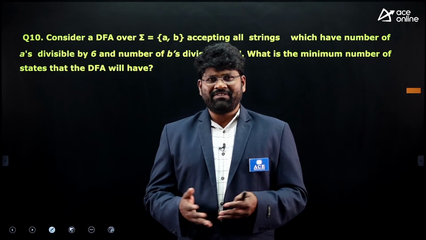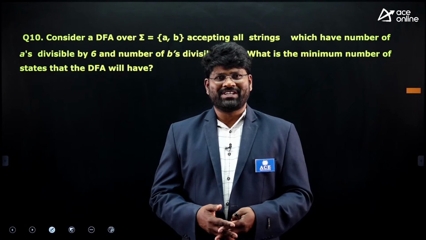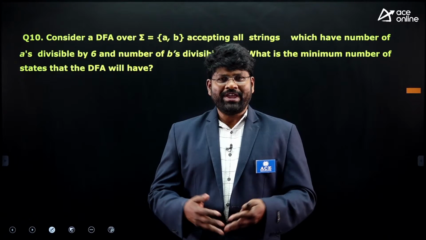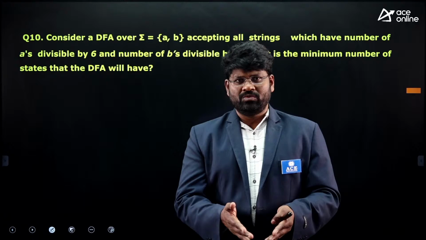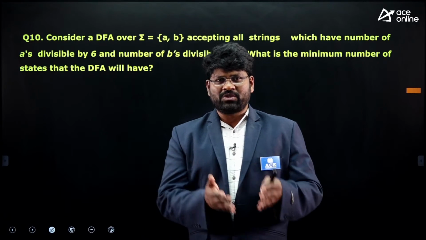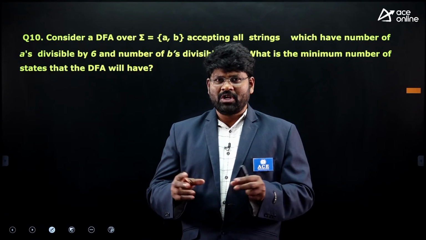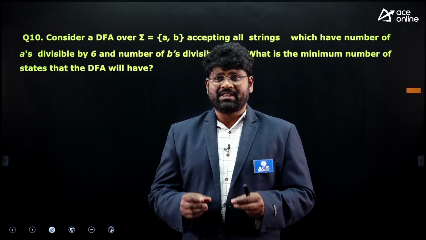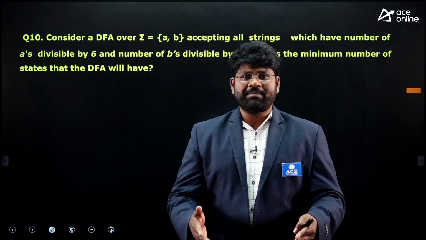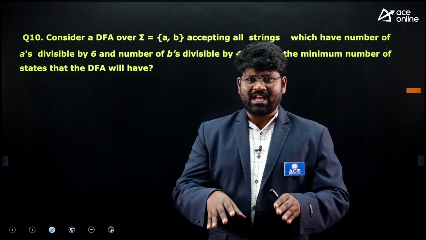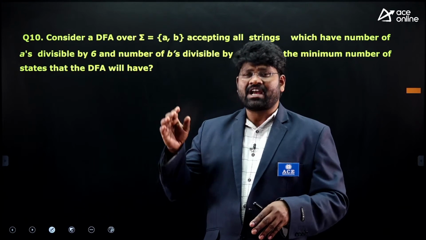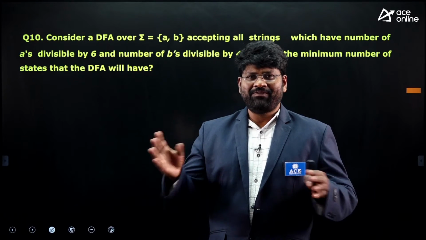The even number of a's and even number of b's problem requires just 4 states, right? Why did you get the 4 states? Because the number of a's you are dividing by 2, and the number of b's also by 2. Altogether the possible combinations of the remainders would be 2 into 2, so 4 combinations will come here. If you extend this concept to any other complex problem, you can easily figure out the answer.